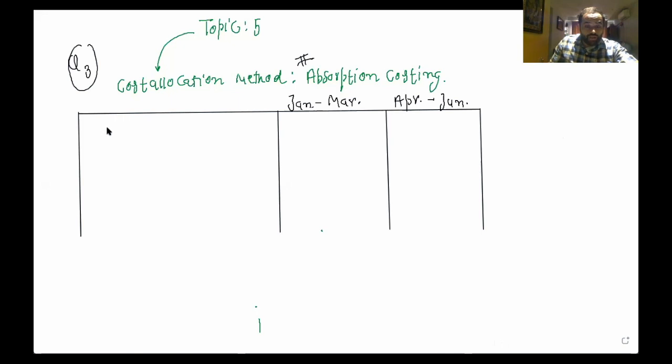So how much is sales for January to March? 2,700, yes, this is 2,700,000, not 2,700. So make sure you check again. 2,700,000, right? January to March.